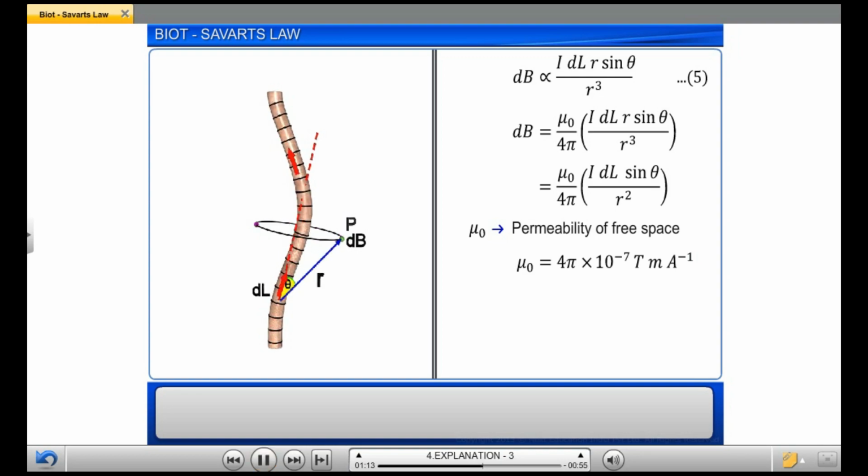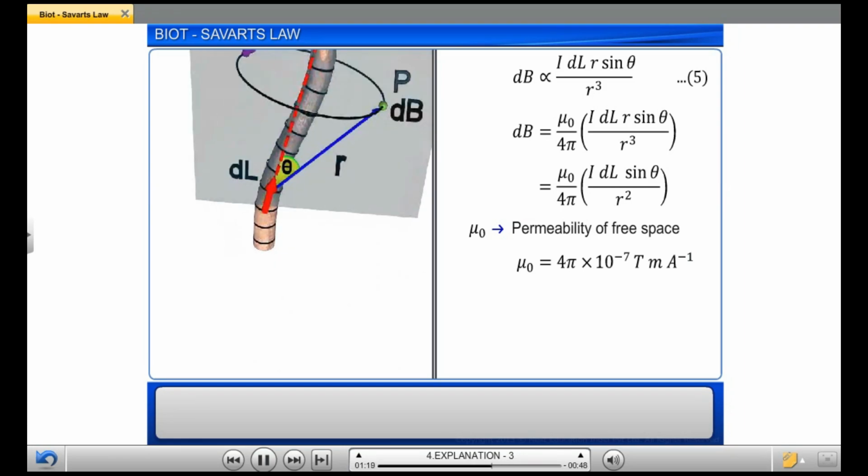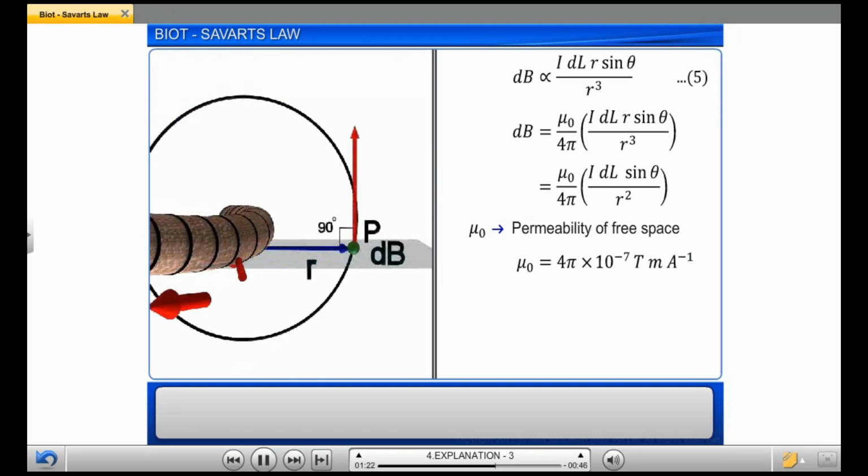Here, the direction of B will be perpendicular to the plane containing dl and r, and can be obtained by using the right-hand rule.